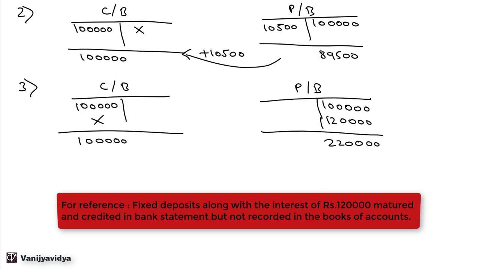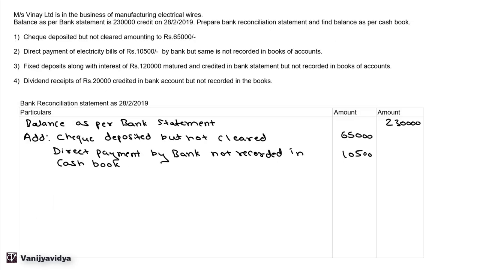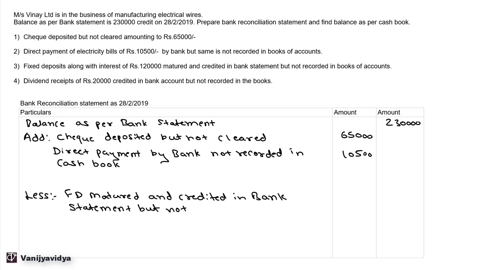We are moving from passbook to cash book, so we have to reduce 1,20,000 in the bank reconciliation statement. Let's do that: less FD matured and credited in bank statement but not recorded in cash book, 1,20,000.